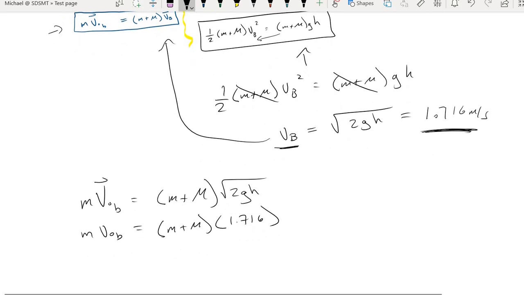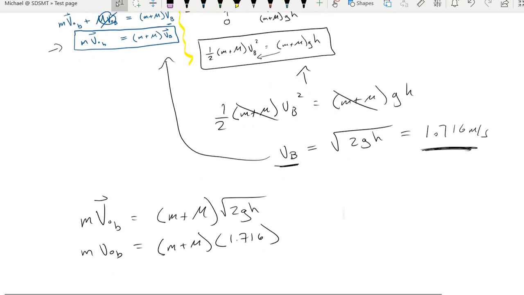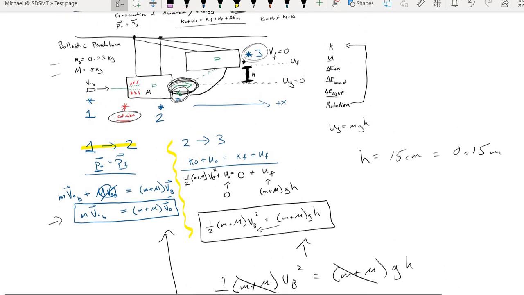I'm going to go ahead and drop the vector notation because we already know that we're maintaining the linear conservation. Before the collision, we're moving to the right, and just after the collision, we are moving to the right.